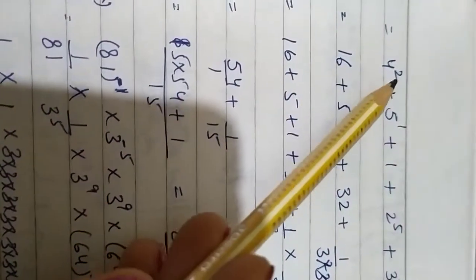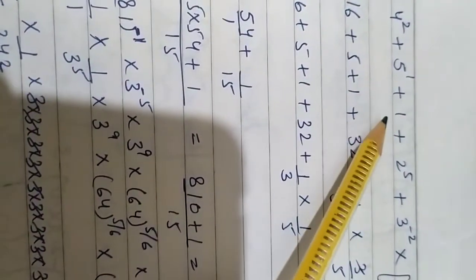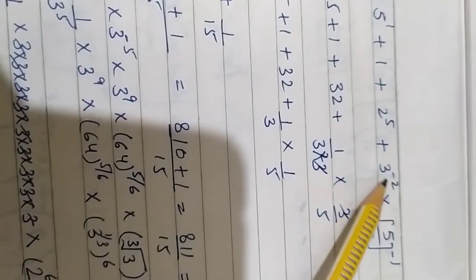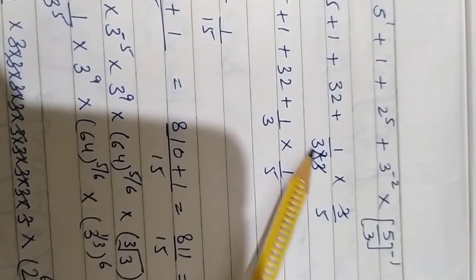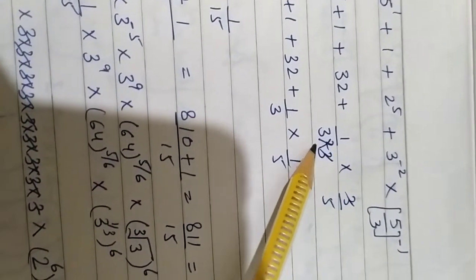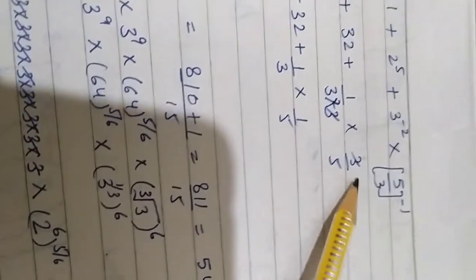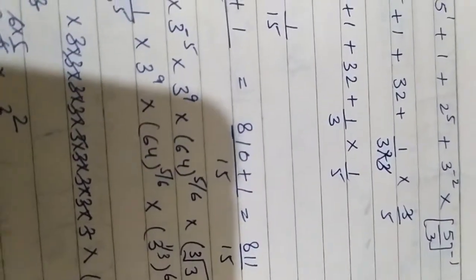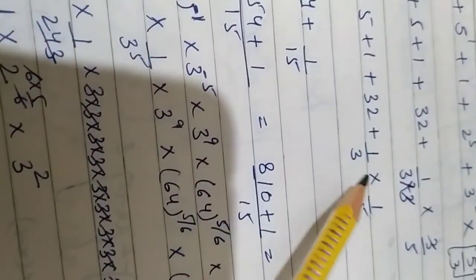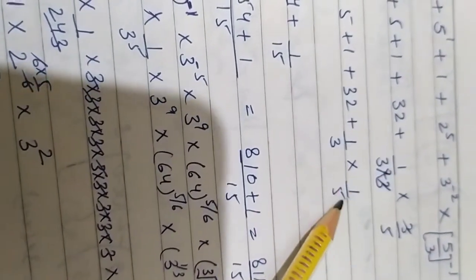Now this 4 square will be 16, 5 raised to 1 is 5, plus 1, plus 2 raised to the power 5 is 32. 3 inverse will be 1 upon 3 into 3, because this has negative power, so we do the reciprocal to make the power positive, and this also becomes reciprocal. So 16 plus 5 plus 1 plus 32 plus 1 upon 3 into 1 upon 5, because this 3 is cancelled with this 3.